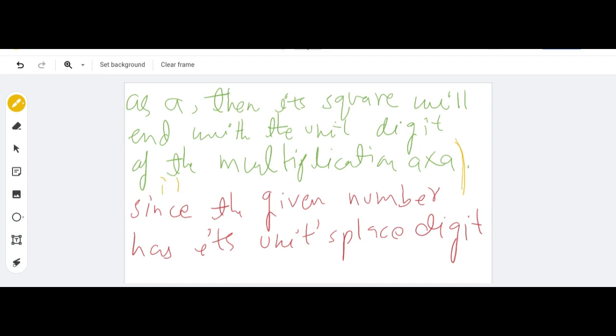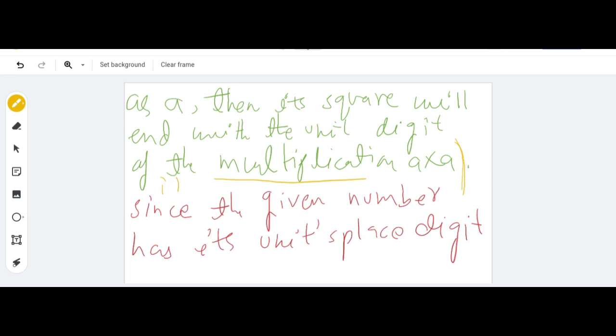For example, for question number 2, the number is 272. I will not write this green statement again. I will just start with the red statement: since the given number has its unit place digit as 2, its square will end with the unit digit of the multiplication, 2 into 2, 4. Understood? Any question?